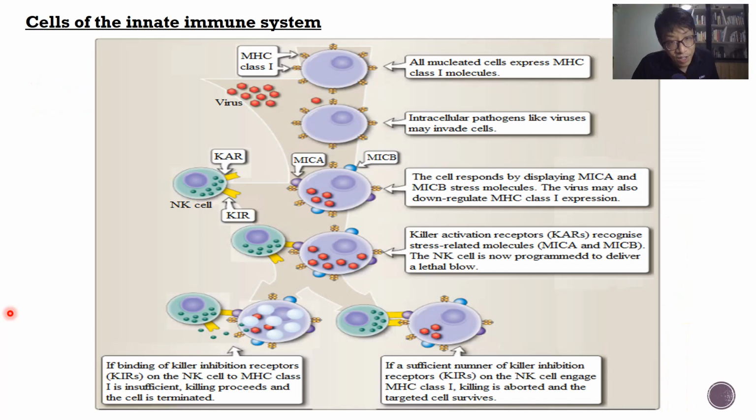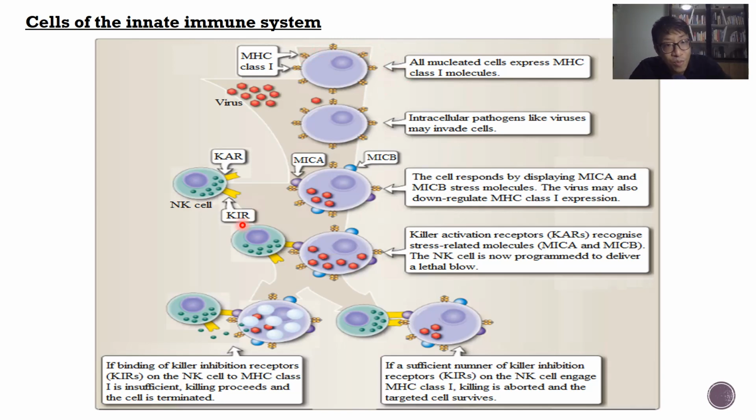So a diagram here to show the action of natural killer cells. This would be the natural killer cells, NK cells. Let me just explain this diagram a bit. These are our own body cells. The yellow thing here is something that all our cells would have so that they can be recognized as our own body cells.